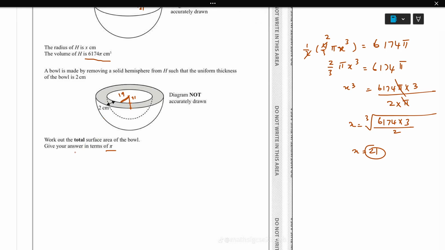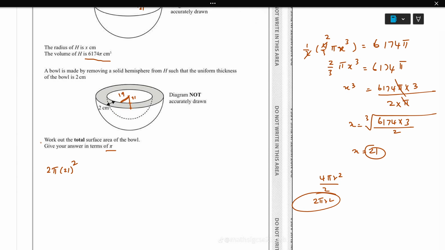What I'm going to do now is add the middle one. First, the outer surface area. The sphere's total surface area is 4 pi r squared, but here it is only a hemisphere, so divided by 2, which is 2 pi r squared. So the big outer hemisphere surface area is going to be 2 pi into the radius 21 squared, plus the inside surface area, because in the center is the hole.